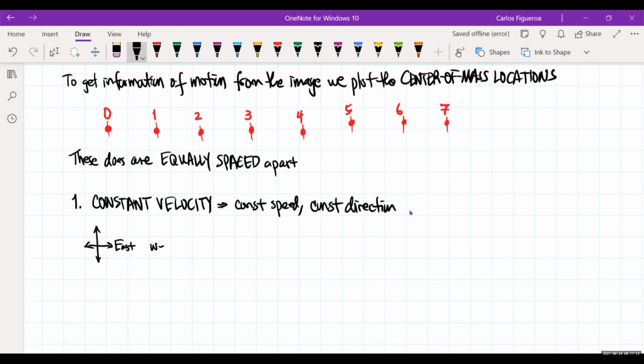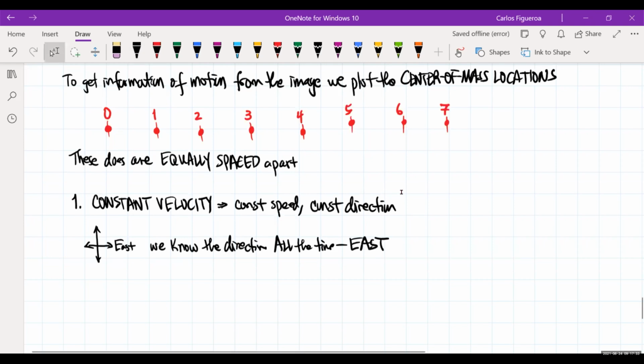So we know the direction all the time. And of course, it's the east. So I got half of the velocity now. Now I need to understand about the speed here. So speed is what?